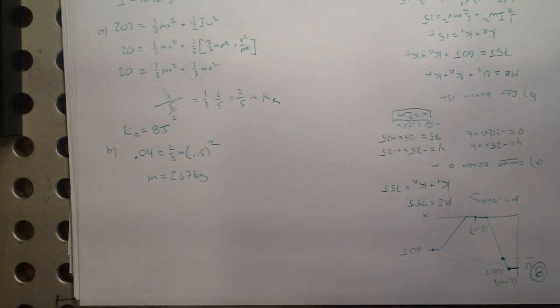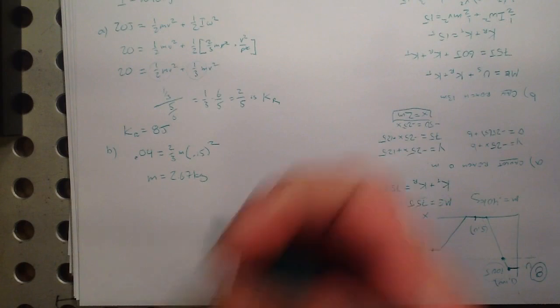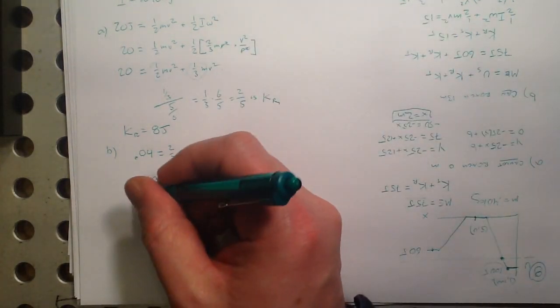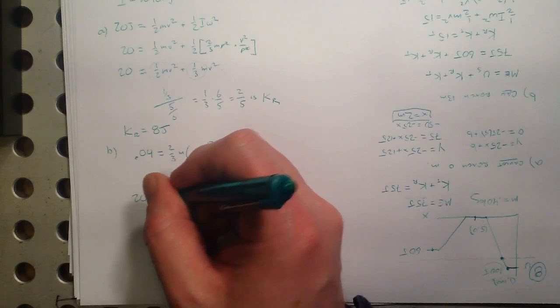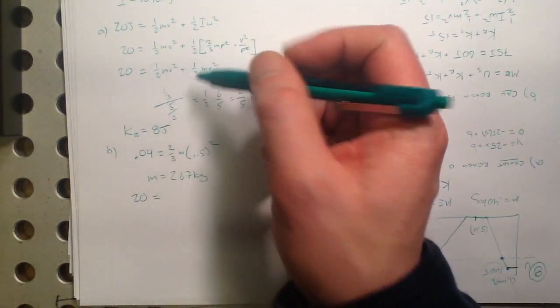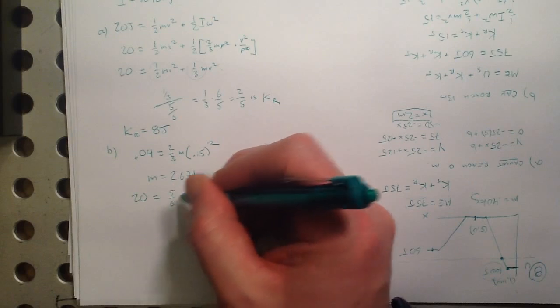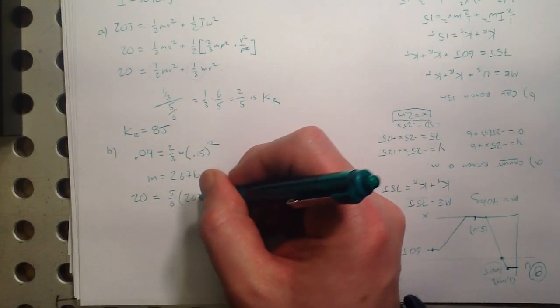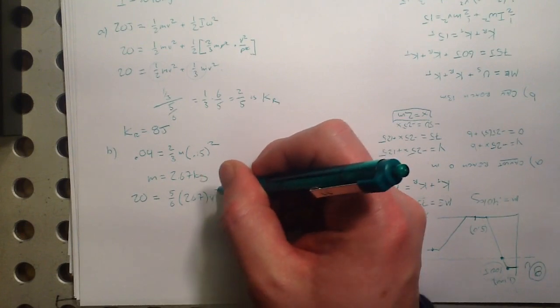And we're trying to find the speed. So I could go back to this equation here to find that. I know that the total kinetic energy is 20, and that equals this 5/6 times the m we just found, 2.67, times v squared.